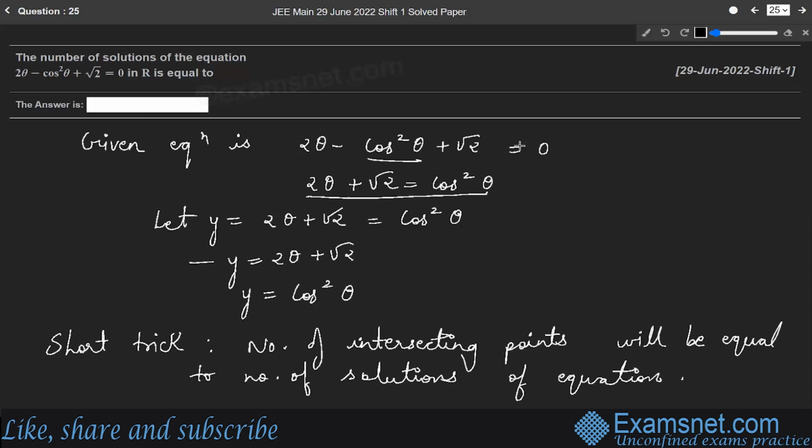For the equation, we have two different values of y, right? So for both these values, we need to make a graph, and we have to represent these values in the form of a graph. The number of intersecting points of both the curves will be equal to the number of solutions of the equation. This is the short trick that we have to use here.